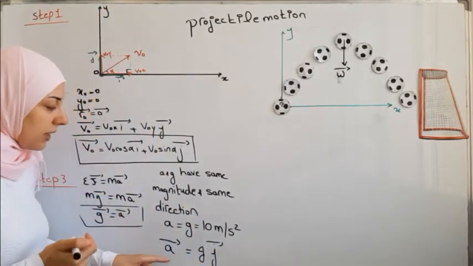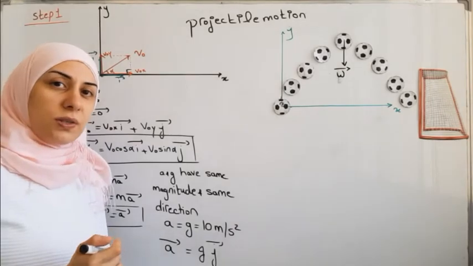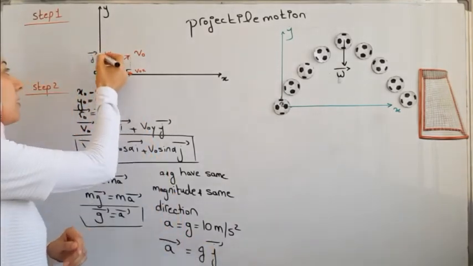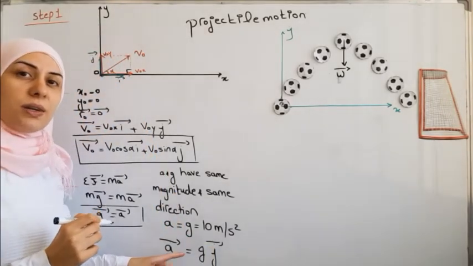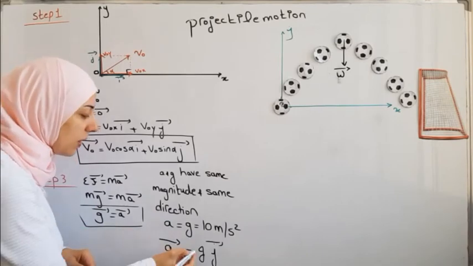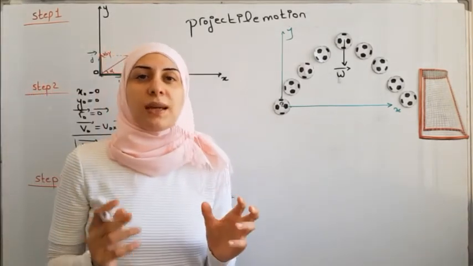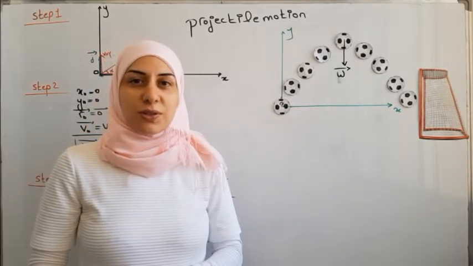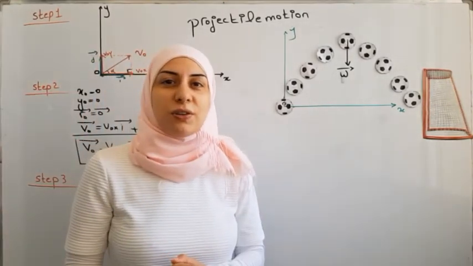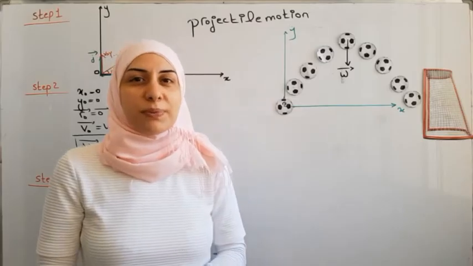Now, since a and j have opposite directions, because j is directed vertically upwards and the acceleration is directed vertically downwards, we add a minus sign here to indicate that these two vectors have opposite directions. After indicating the acceleration vector, we can move to the last step.